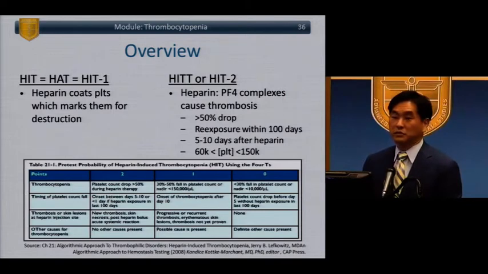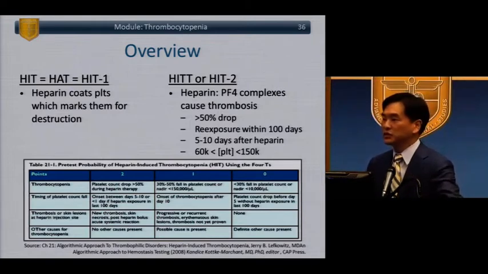Then you always have to ask yourself, well, what if there are multiple issues going on? Well, if it was easy, they'd let monkeys do it. Anyway, so this is the 4T test for HIT, for estimating not the risk, but the likelihood that the patient is having HIT. And you get 0, 1, or 2 points. And the T's: the first T is thrombocytopenia, so severity. Timing. This T is thrombosis.